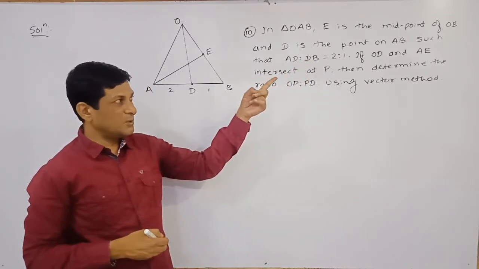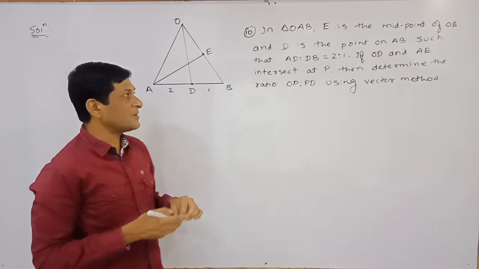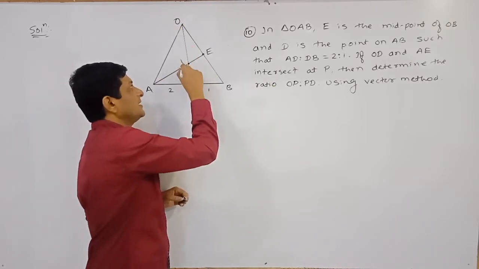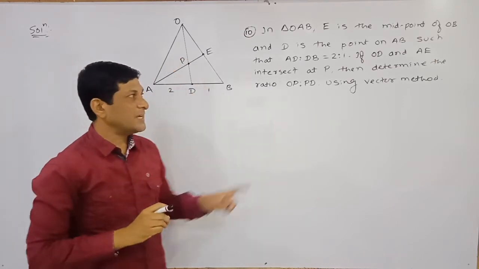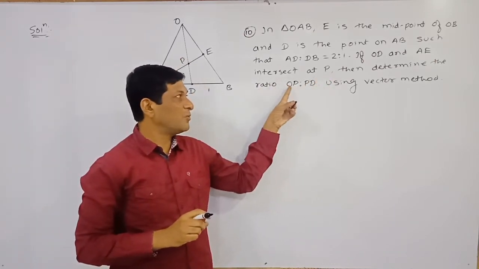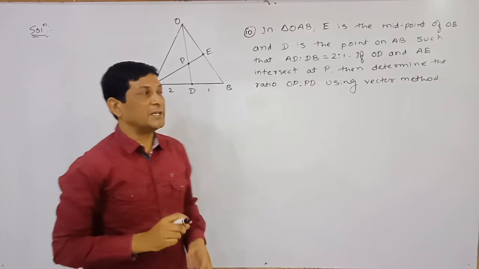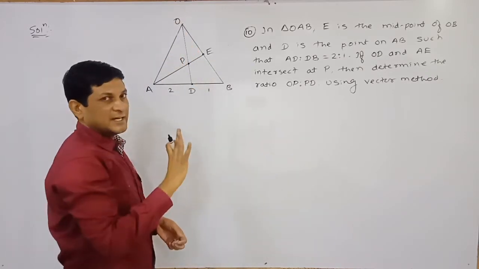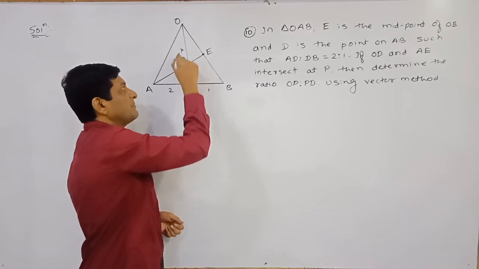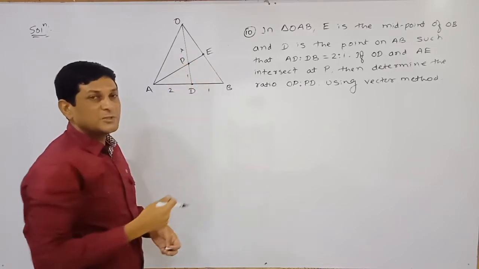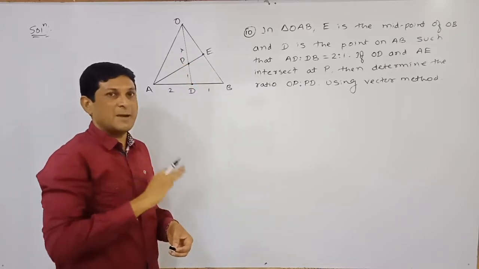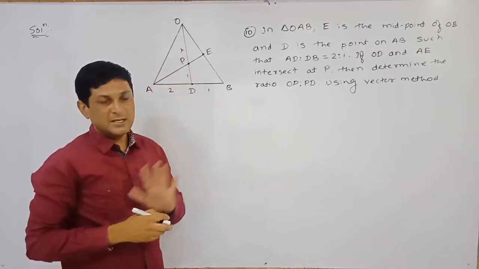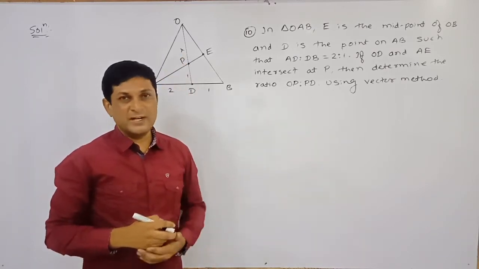If OD and AE intersect at point P, then determine the ratio OP is to PD. Means we have to determine this ratio OP is to PD. Let us denote this ratio by lambda is to 1. Lambda is to 1 means we have denoted this ratio by lambda. So in this case our aim is to find the value of lambda, using the vector method.